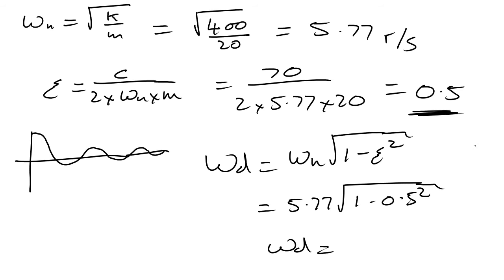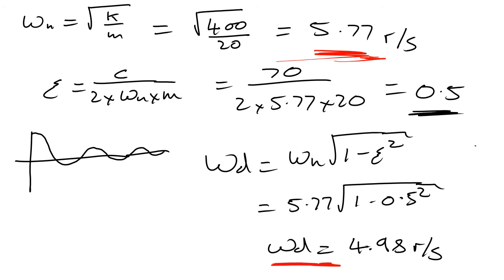So the frequency of damped oscillation is going to be, I worked that out to be 4.98 radians per second. And as you'd expect, this omega D value should always be less than your omega N value because it's slowing the system down. So if you calculate an answer for omega D which is greater than your omega N, then you've obviously done something wrong.